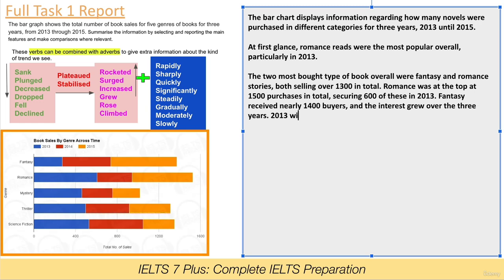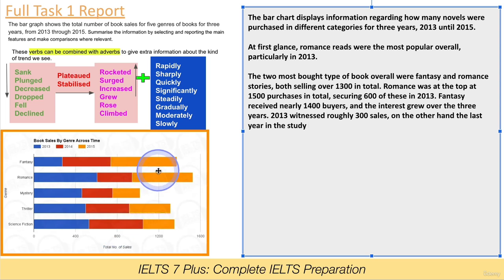2013 witnessed about 300, roughly 300 sales, whilst, or maybe on the other hand, the last year in the study, just another way of saying 2015, how many did that bring in?